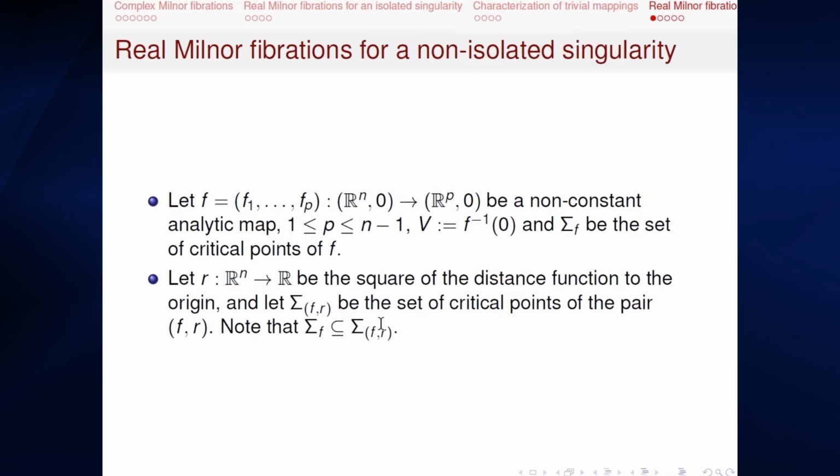Let f be a non-constant analytic map, and we denote by sigma f the set of critical points of f. Let rho be the square of the distance function to the origin, and we denote by sigma (f, rho) the set of critical points of the pair (f, rho).